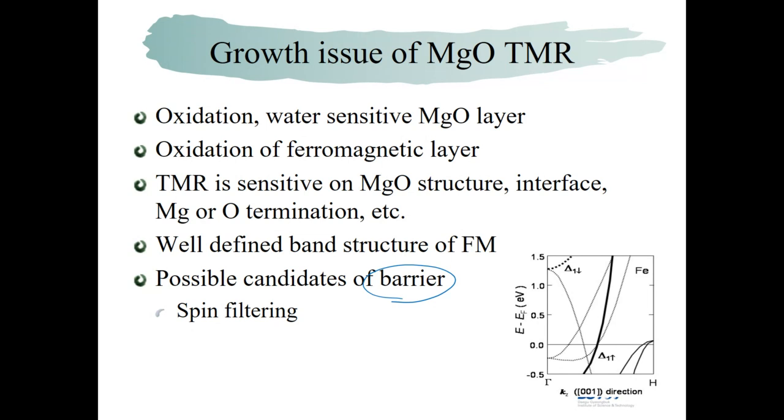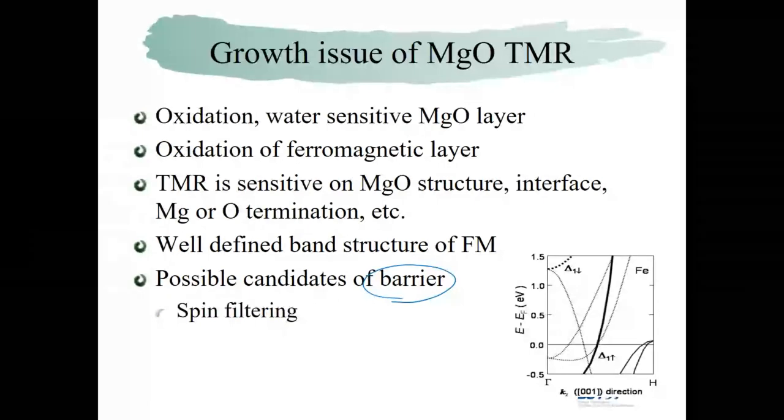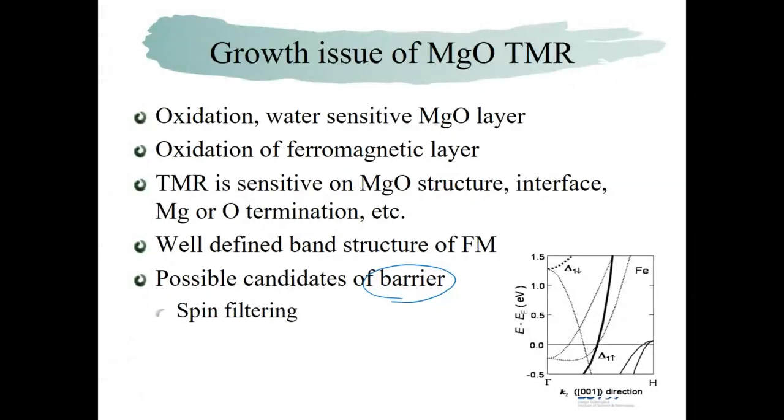If you have a good chance, you can find some good materials, not only for this TMR, but for any kind of material system. That's why we are working in the material science division. Okay, so this is the end of the TMR things.